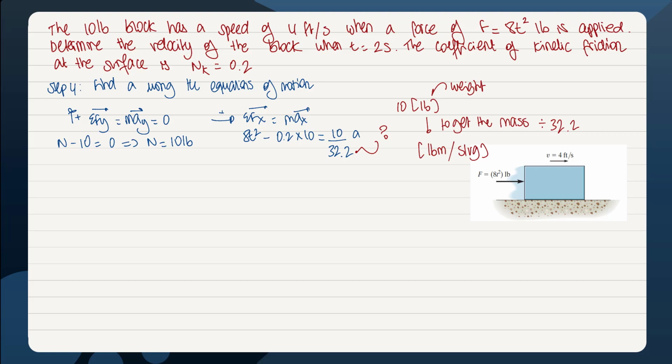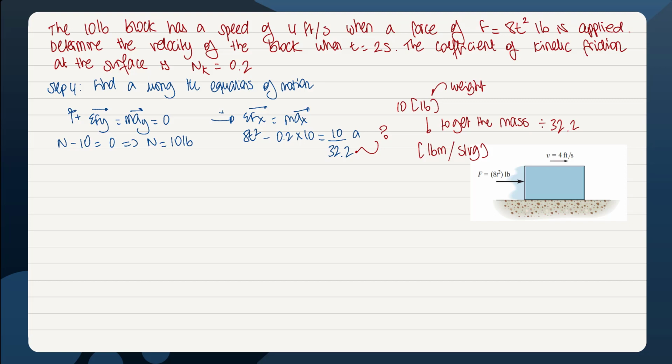And if you want to write down the equations of motion or Newton's second law correctly, you need to find the mass. And to get the mass in the English system, you need to divide the weight by 32.2. And so that's exactly what we're doing here. 10 divided by 32.2 gives us the mass of the block times the acceleration. So it's just a problem of conversion when dealing with the English units.